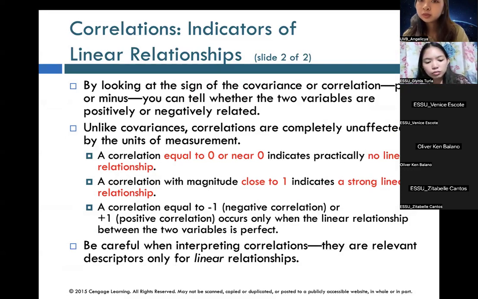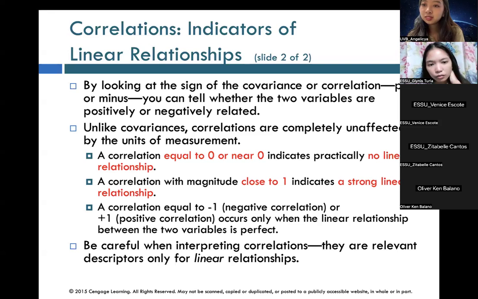A 0 means there is no correlation. A value of 1 means there is a perfect correlation, or in analysis we can say there is a strong correlation between your variables. It is similar with the opposite sign, +1 or -1, which also indicates a full correlation.